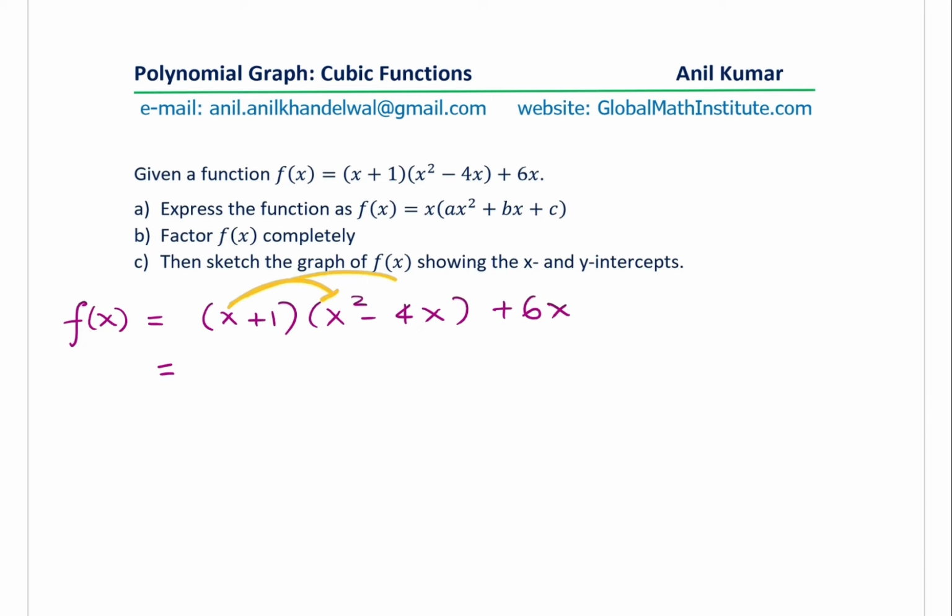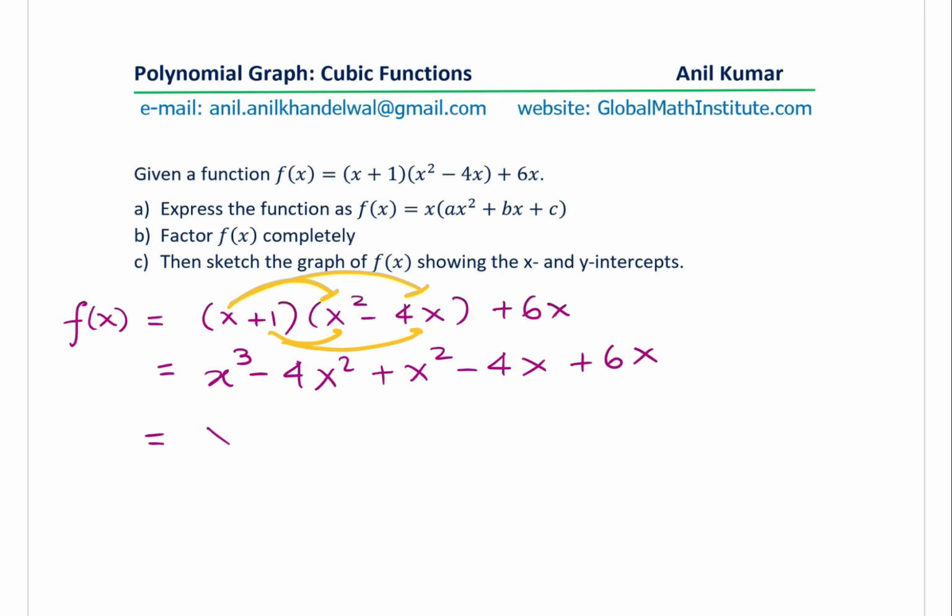We'll multiply first with x and then with 1, and then we'll combine the like terms. Multiplying by x, we get x cubed minus 4x squared, and with 1 we get plus x squared minus 4x, and we have the term plus 6x.